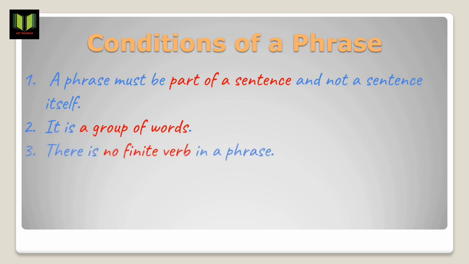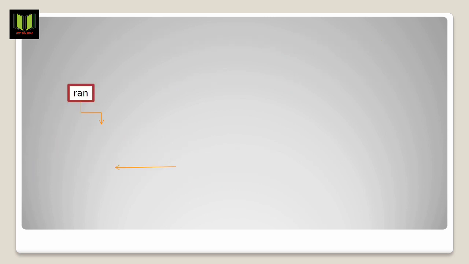Number three, there is no finite verb in a phrase. A phrase must not have any finite verb. If there is a finite verb, then it is not a phrase. Number four, it must have a meaning of its own. There should be some sense in order to qualify as a phrase along with the other conditions.